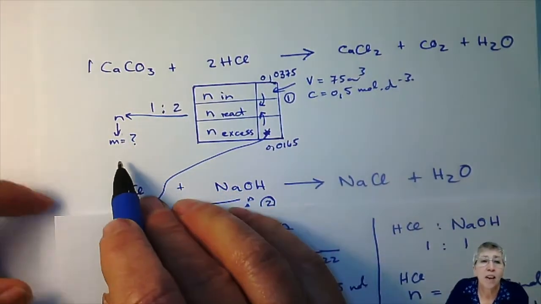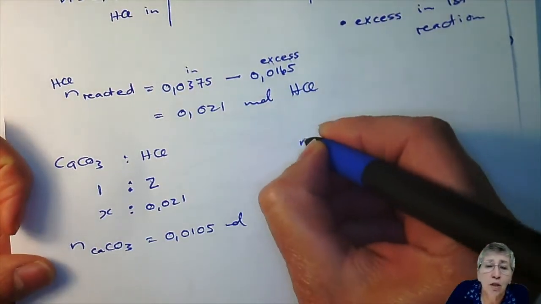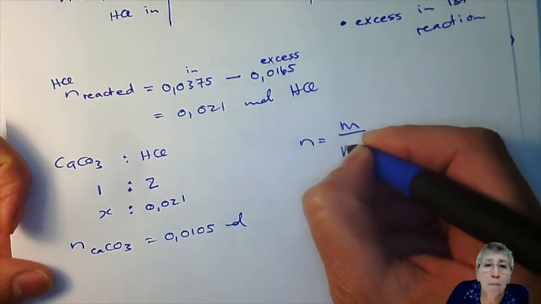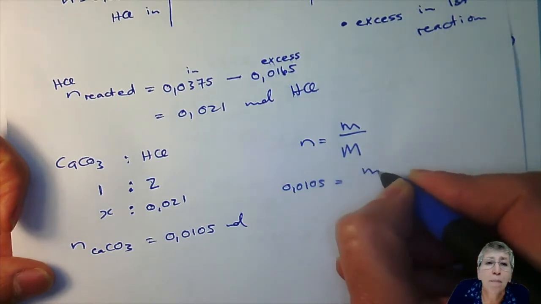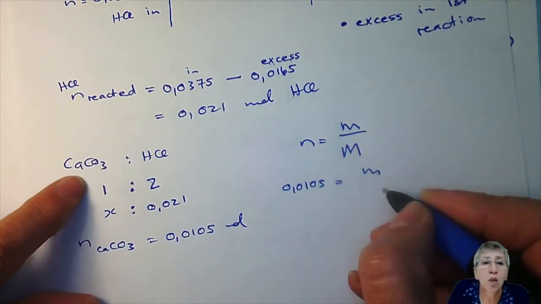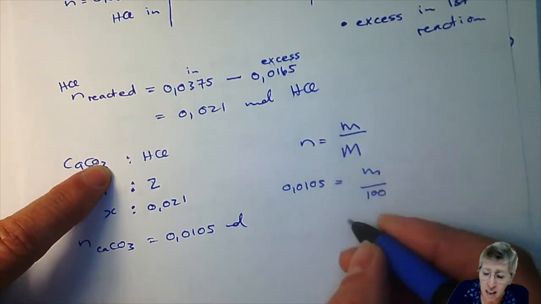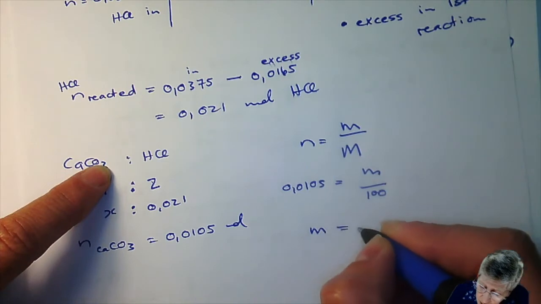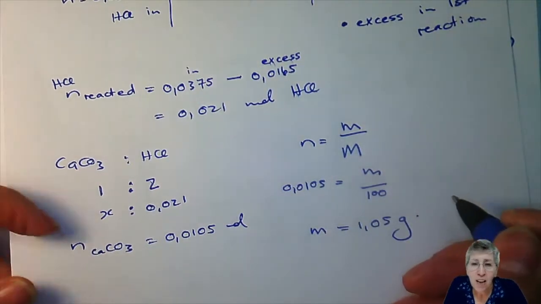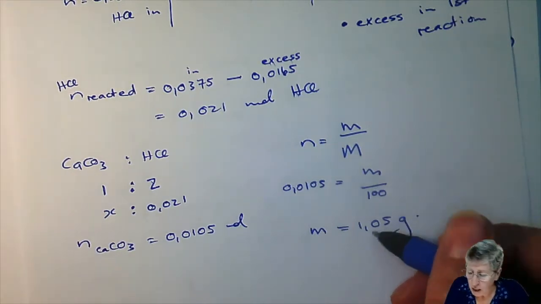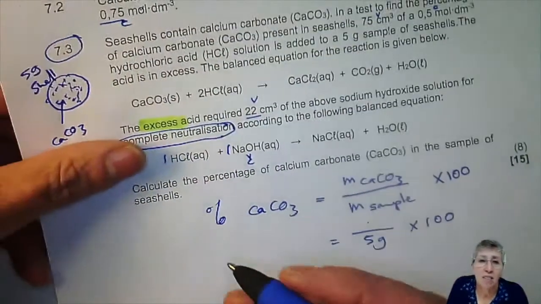And then we can work out the mass. So I just need to convert moles to mass. That will be n equals m divided by M. 0.0105, looking for the mass. We're working with calcium carbonate, so it's 40 plus 12 plus 3 times 16, giving us 100. That means the mass is 1.05 grams. So in the 5 grams that we started with, 1.05 grams were really calcium carbonate.